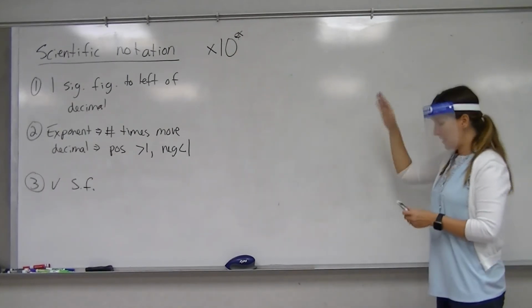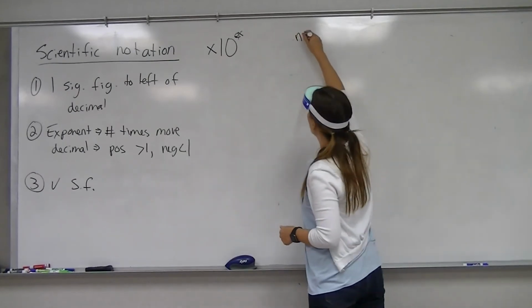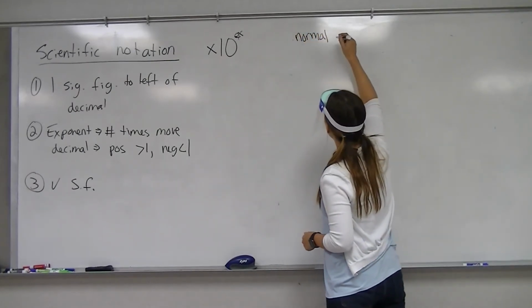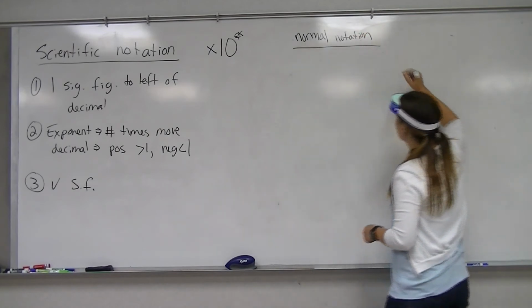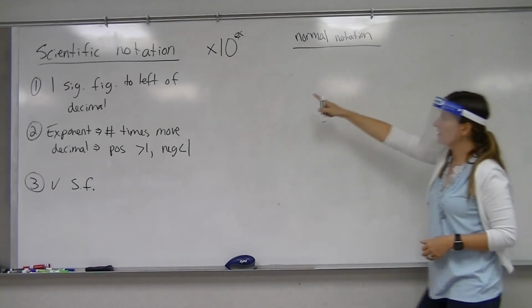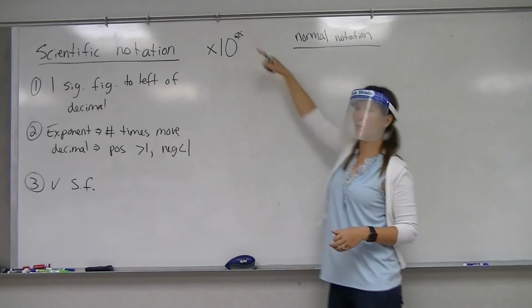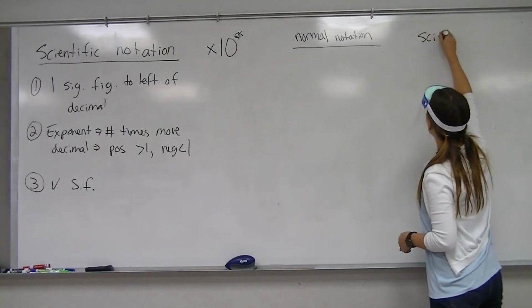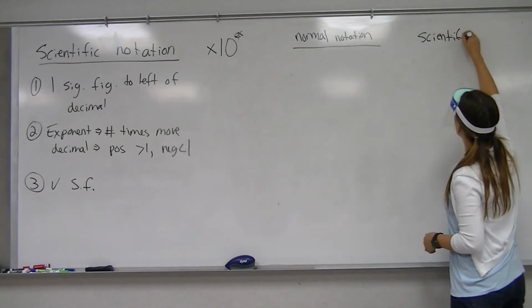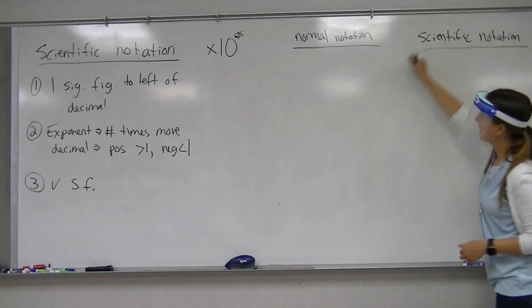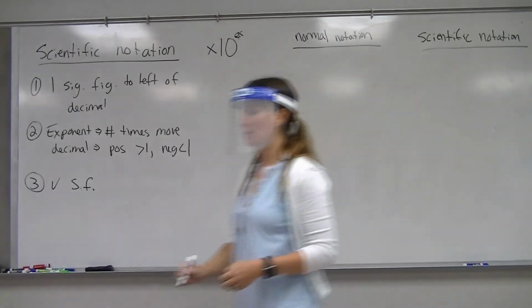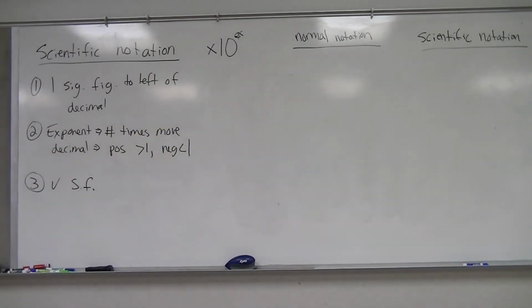So I'm going to write a list of numbers in normal notation, how you see them on a daily basis. And we're going to represent them using this times 10 to the exponent. So we're going to represent them in scientific notation. And to do that, we're using the rules on the left side of the board there.